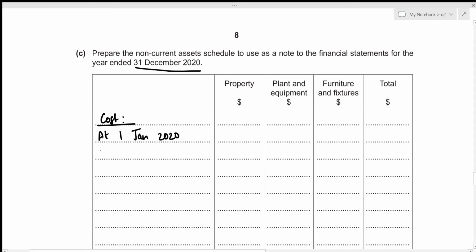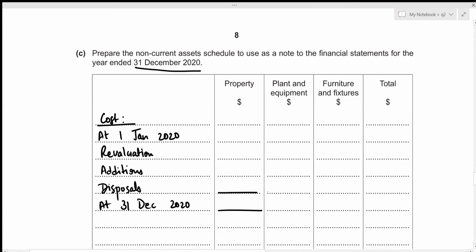Then we include all of revaluation, new addition or new purchases, any disposals, and this gives the cost at our ending date, which is 31st December 2020. Okay, that's for property, for plant and equipment, for furniture and fixtures, as well as the total. And this concludes the first section.